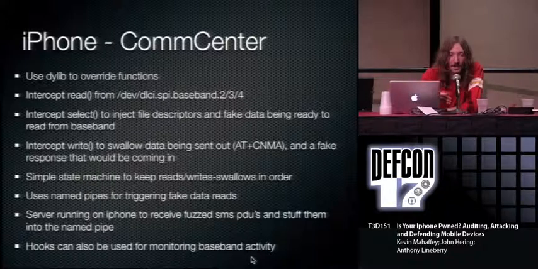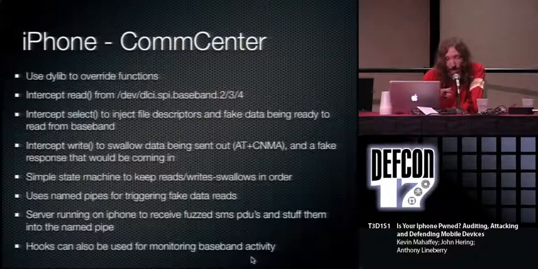So when data was coming in on that, select would unblock, and then we would look at that and say, okay, is our named pipe set? At that point, we could flip the bit and say that there's data coming in off the baseband when there really wasn't. Then we would pass that on to the comm center.